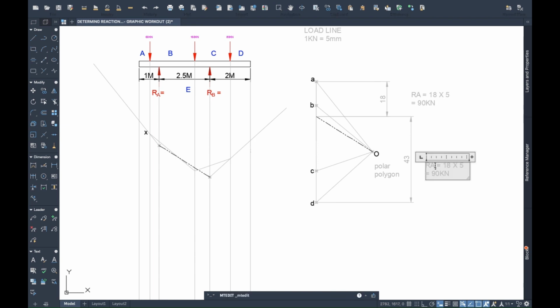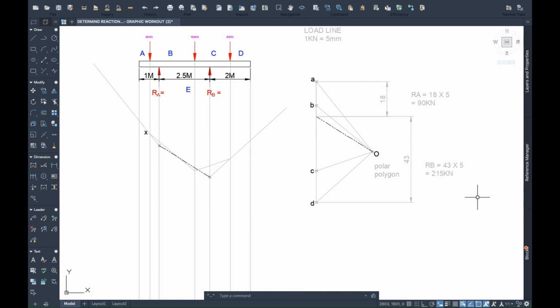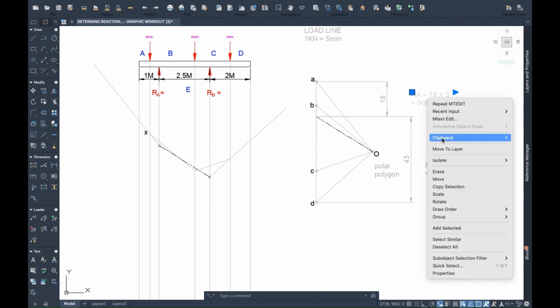RB would be equal to 43 times 5, which would give us 215 kilonewtons.